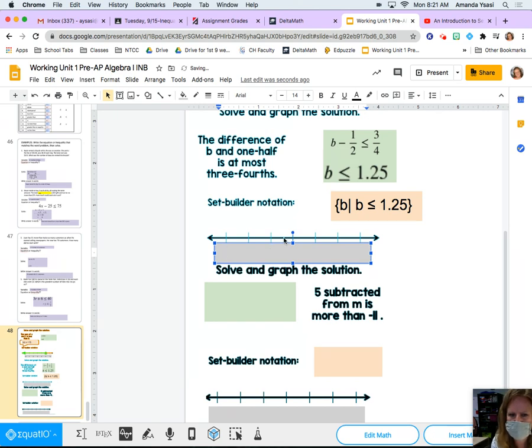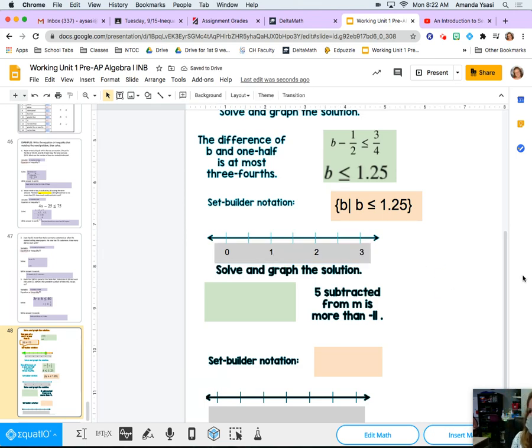Okay, and then we need numbers. So let's do 1, 0. We want 1 1/4, right? So let's make this 1. Let's skip 2, 3. So basically every line is a half.